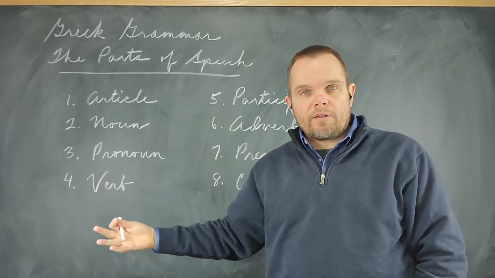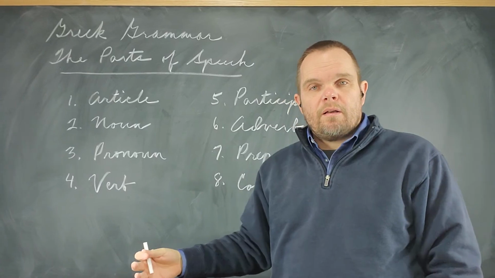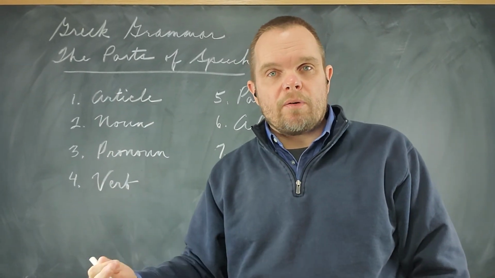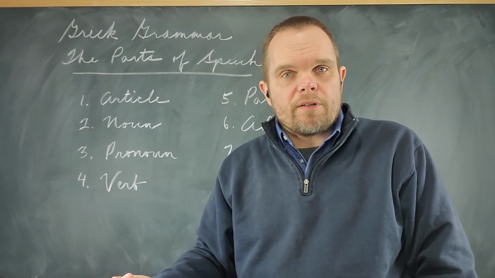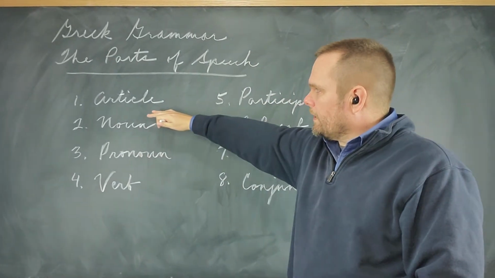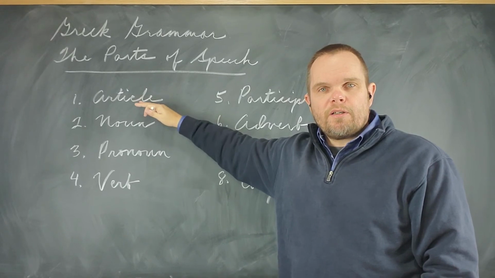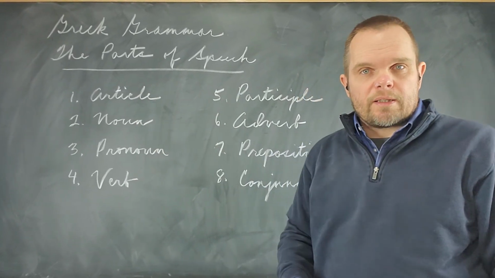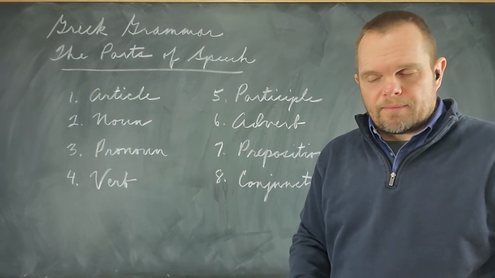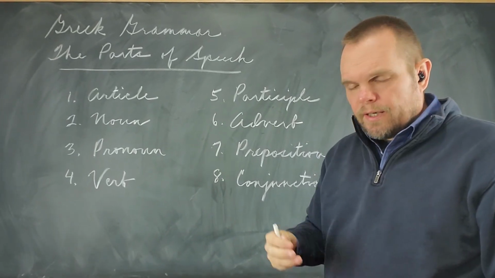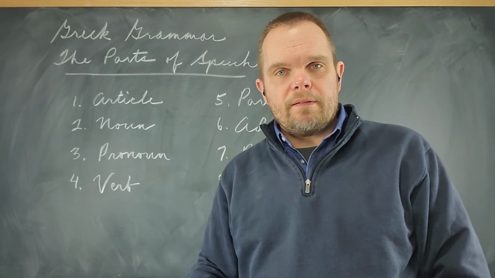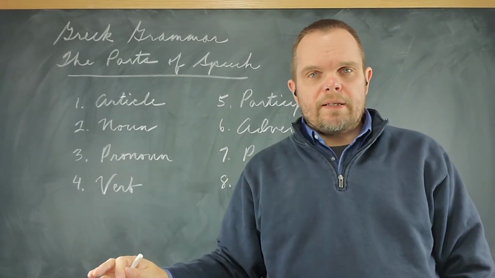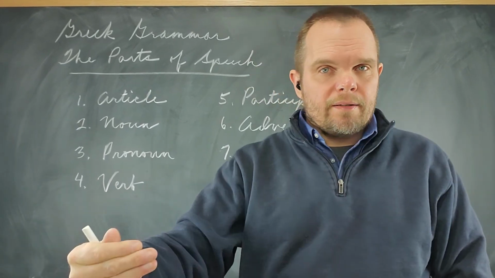Okay, so there's no article in Latin, but in Latin Grammar 1, we used the pronoun hic, haec, hoc as if it was an article, just so that we could imitate one of the functions of the article in Greek. The other thing you'll remember from Latin reading is that when we translate from Latin into English, we would add the articles.